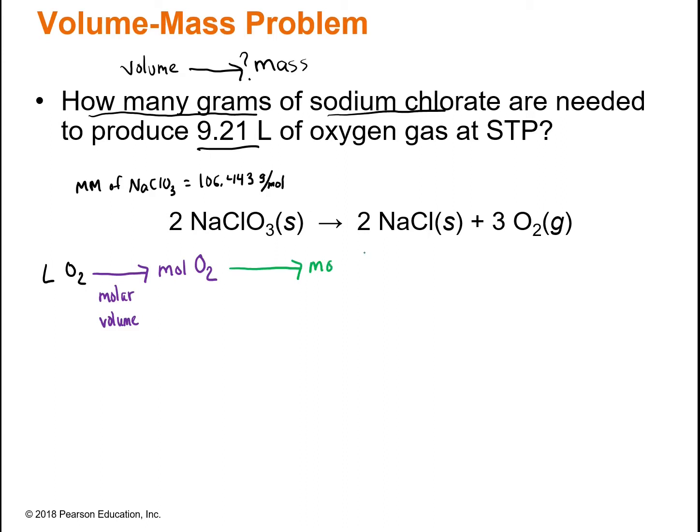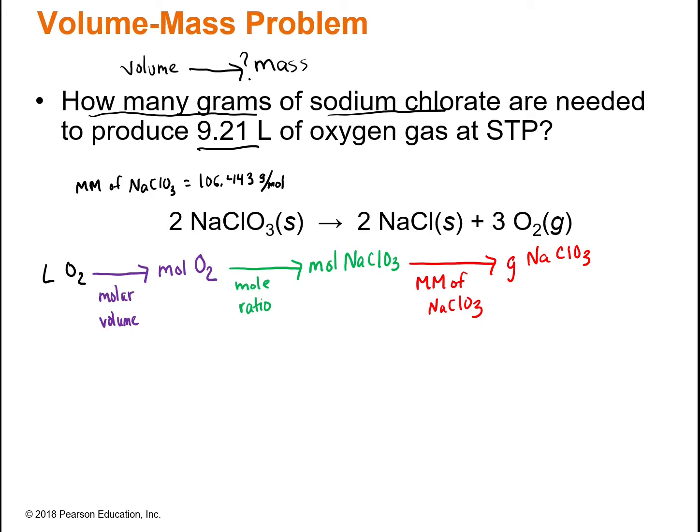Then we need to get from moles of oxygen gas to moles of sodium chlorate. We'll use our mole ratio here. We have to figure that out from the chemical equation. The last piece is figuring out the number of grams of sodium chlorate. And that uses the molar mass, which we've already calculated.